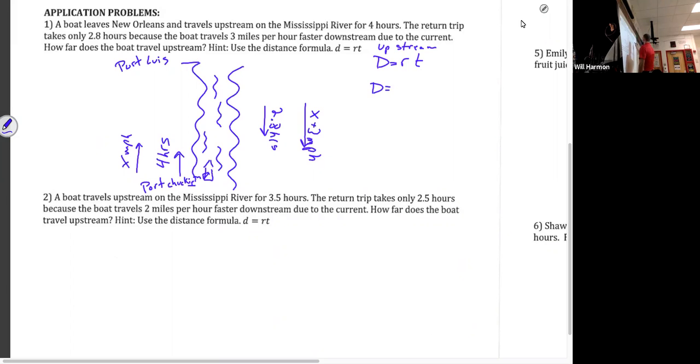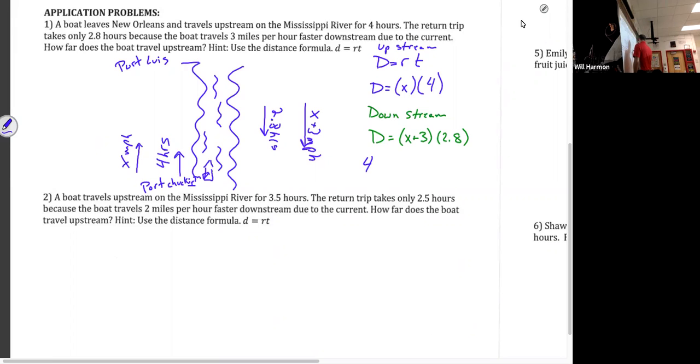So upstream, the rate is x miles per hour, and the time is 4 hours. Downstream, distance equals rate, which is x plus 3, and it took me 2.8 hours. But you already told me these two are the same.